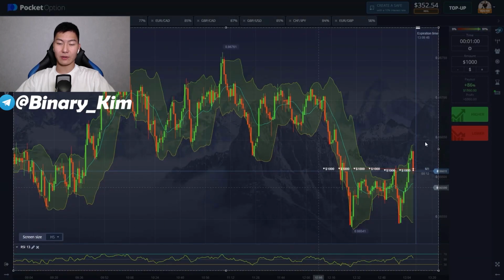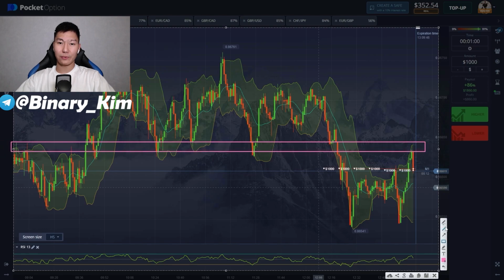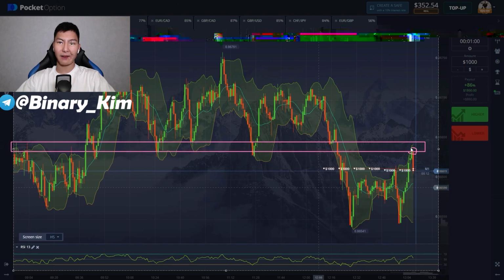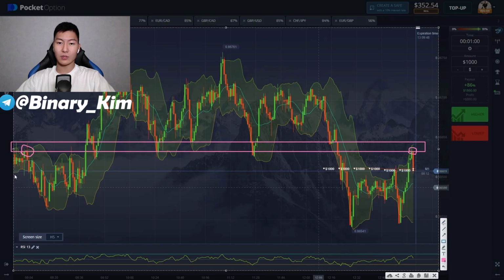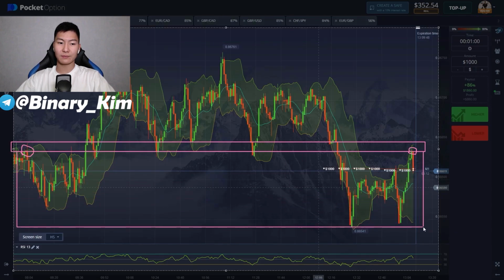Let me explain the principle. I want to point out this important price range. The price touches it here and the price moves within the price corridor. The local low took place here, and then the correction to the upside followed, and we see the touch of the upper boundary of the channel.